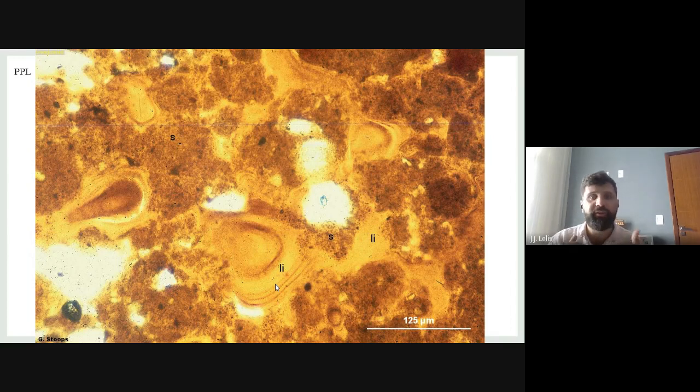So even if we did not follow the clay content increase, in thin sections in the lab, if we could identify a higher quantity of infillings and clay coatings, we could identify that horizon as an argic horizon. Okay?